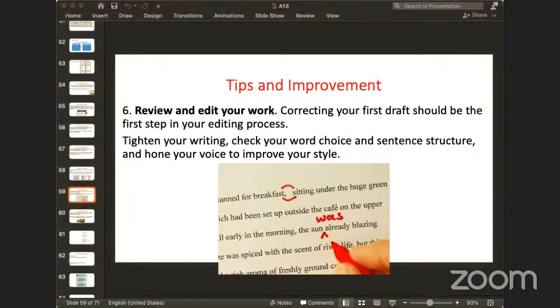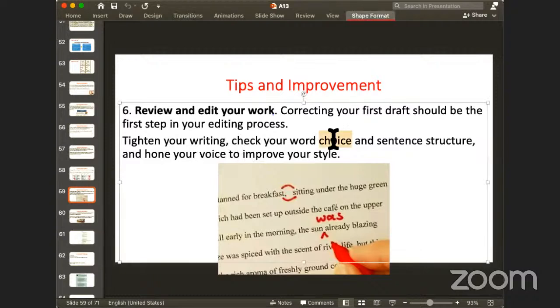We have to correct it as many times as it needs to, and we should always check word choice. We can change the words that we use. Also the structure. If you realize that maybe we have way too many ideas, we can erase, we can move some of these ideas, and try to have a voice and a style while you're writing. So the more you write, the more you will see your own style while you're writing.